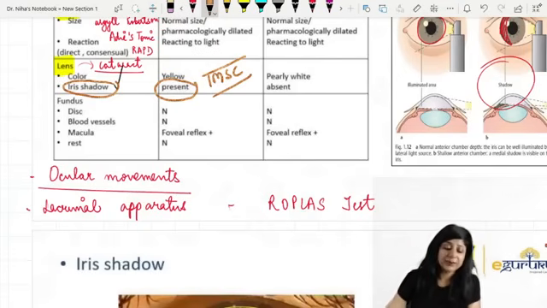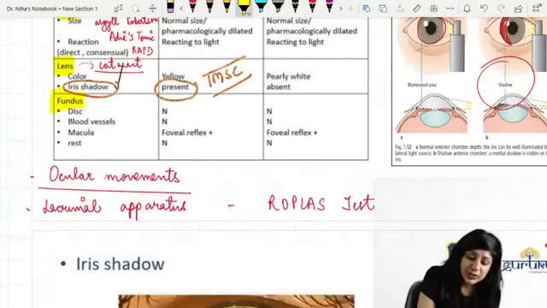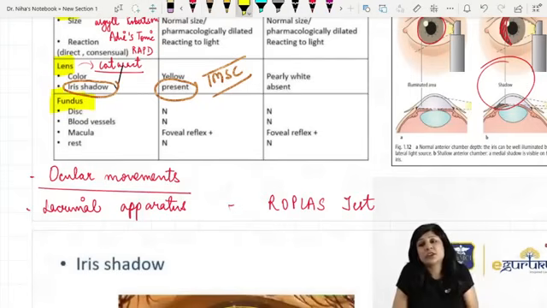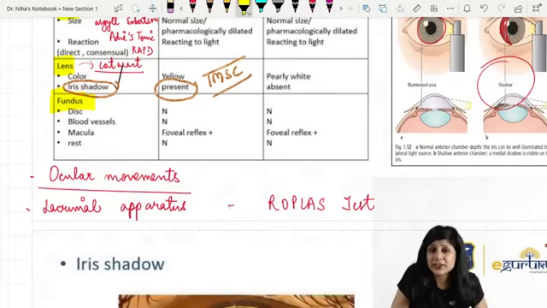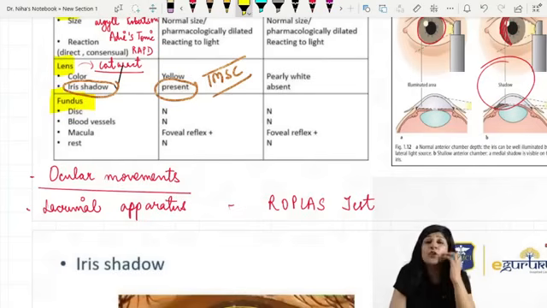And then finally we have to look for the fundus. So in the fundus, as the media is opaque, it gets a little tiresome to see the fundus, but we still try to see the optic disc, the macula, the vessels, and if at all it's very, very opaque and you are not able to see anything.